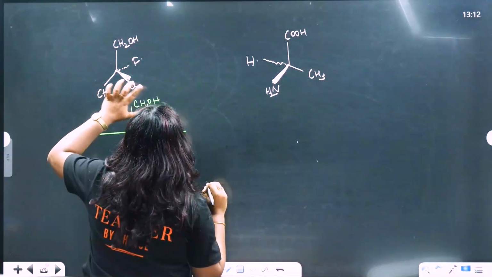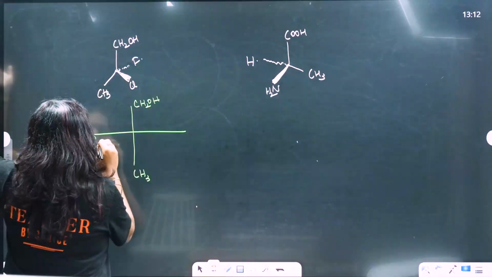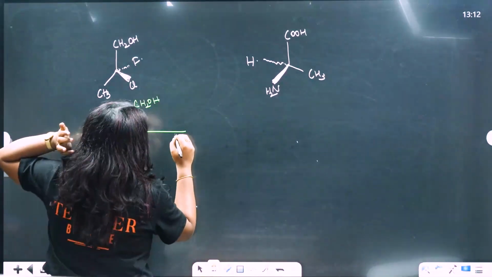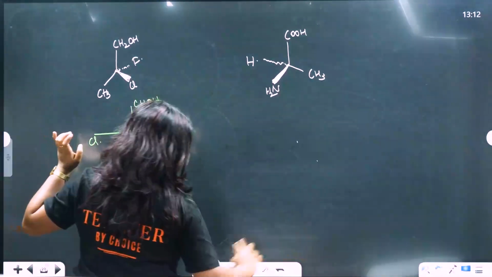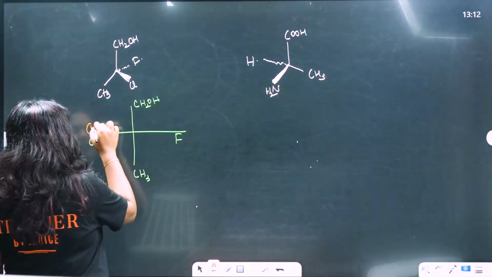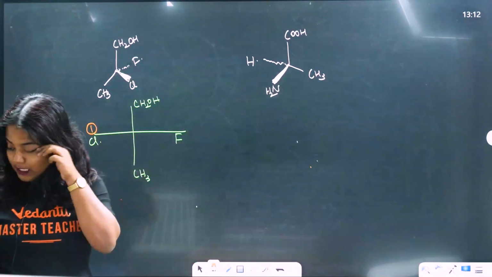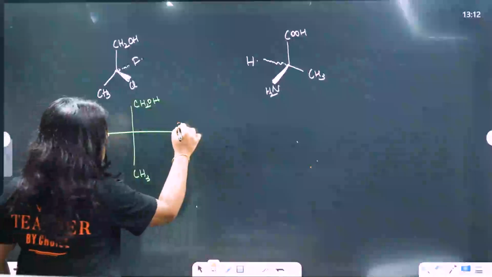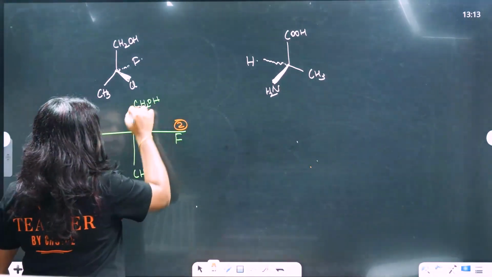The chlorine next to CH3 is on this side, so that will be on the opposite side, Cl. Here fluorine. Now while we are numbering, which one will be the first one? This one will be the first one, correct? Then fluorine, then this one, right?